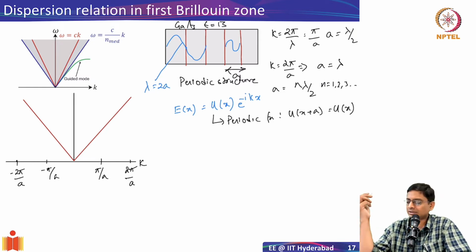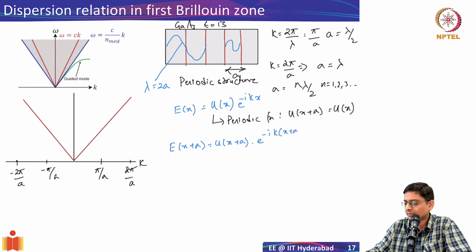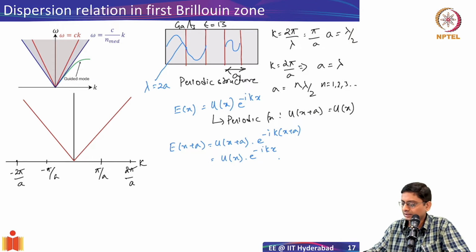Now, if you have such a Bloch function, what happens? Well, we can look at what happens to the electric field. So now, what is my E of x plus a? That's going to be u of x plus a times exponential minus ik(x plus a), right? So it turns out to be equal to u of x exponential minus ikx times exponential minus ika.